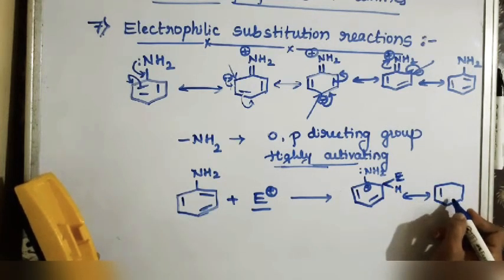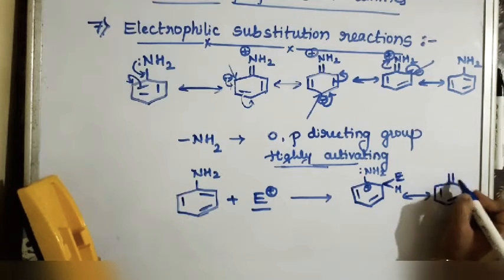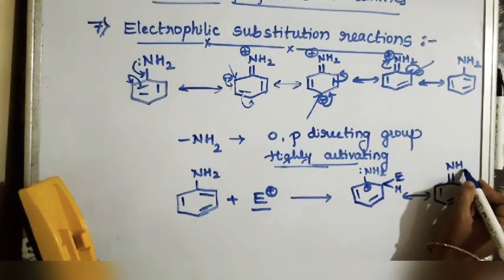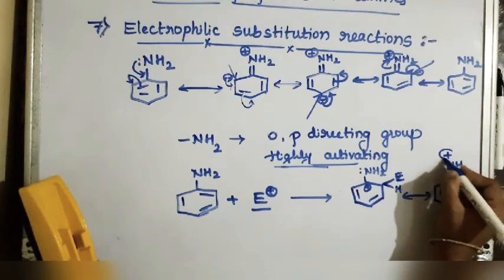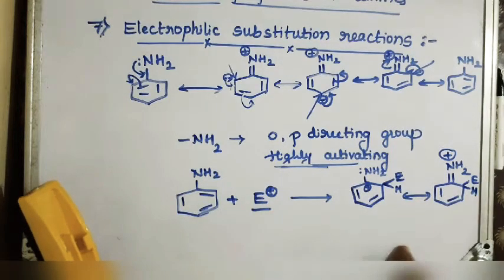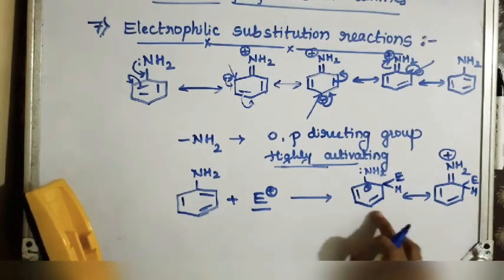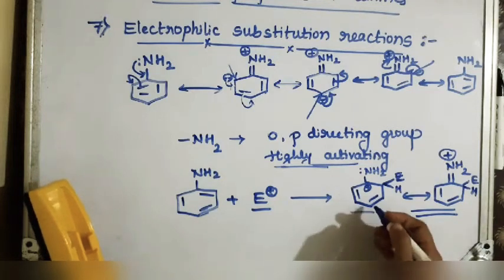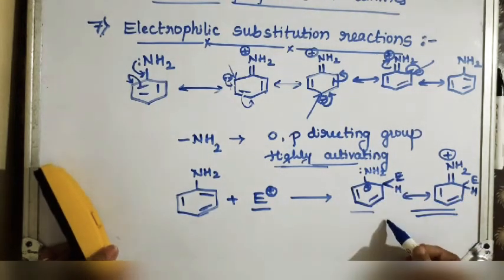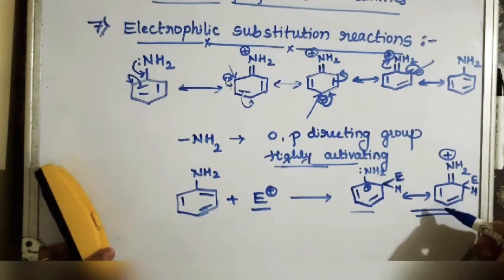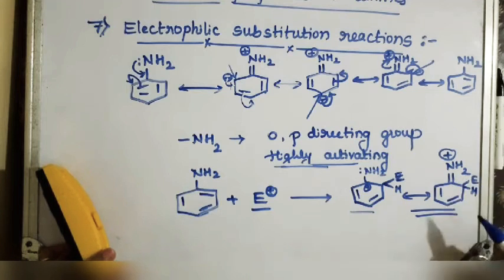That is, the positive charge is taken by nitrogen, and the lone pair of electrons is given to the bond. So there is a chance of getting another type of resonating structure. Because of this resonance structure, the carbocation formed, which is an intermediate in the electrophilic substitution reaction, further undergoes stabilization because of the extended resonance.